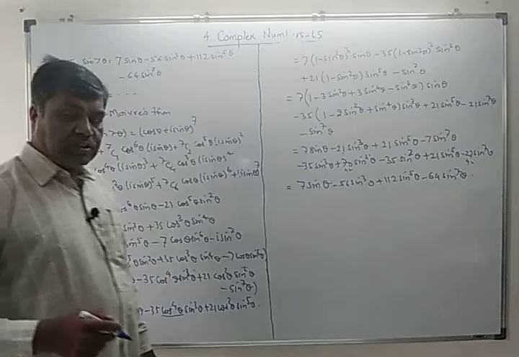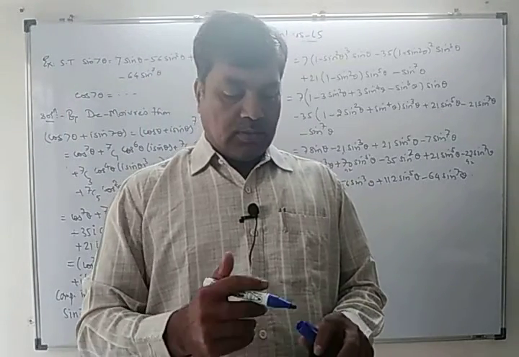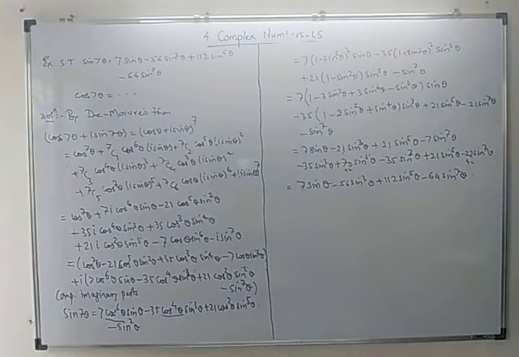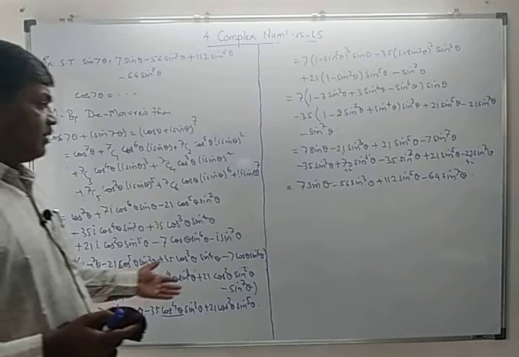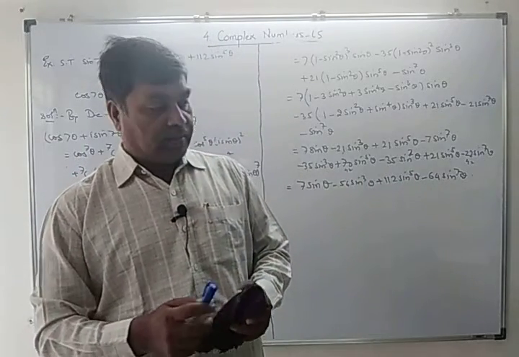So we have just substituted cos square theta is equal to 1 minus sin square theta, and we have expressed your sin 7 theta in powers of sin theta, in powers of sin theta.